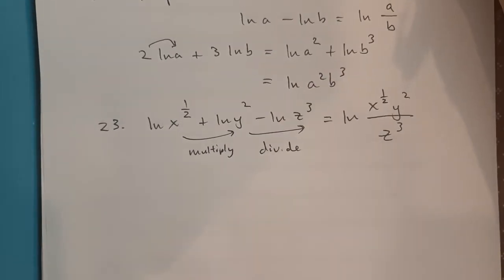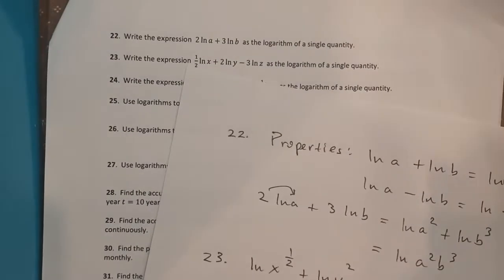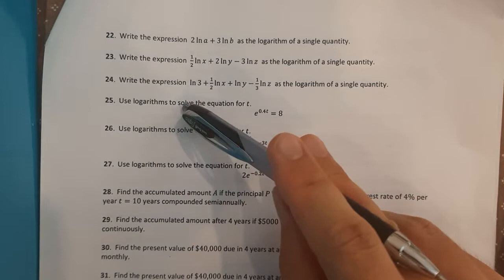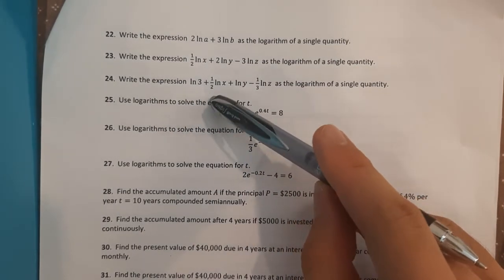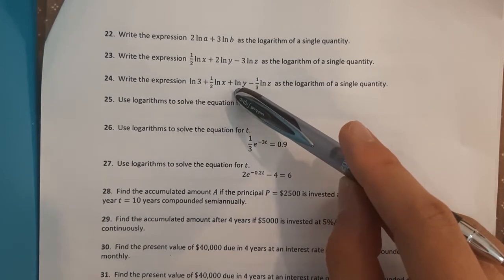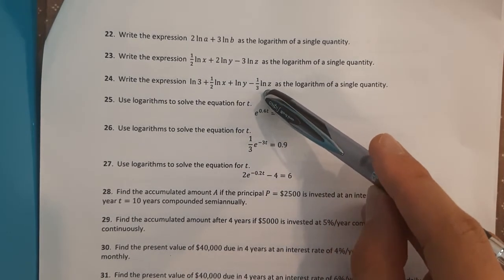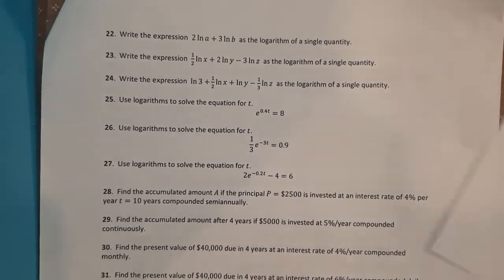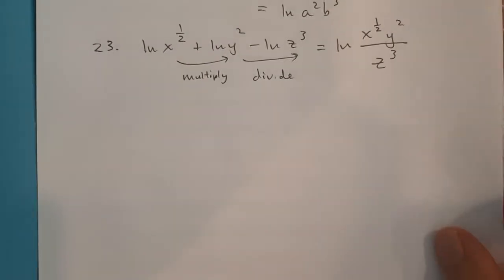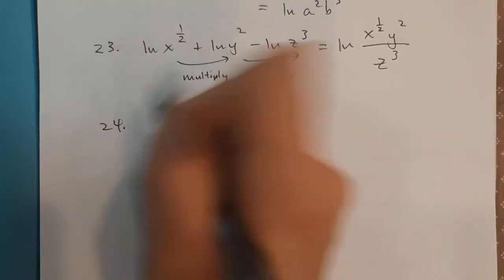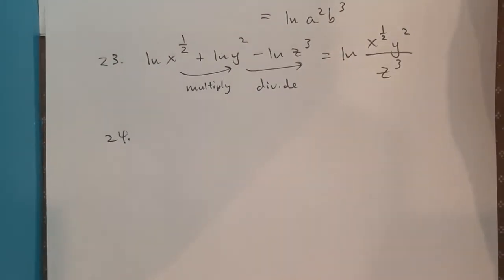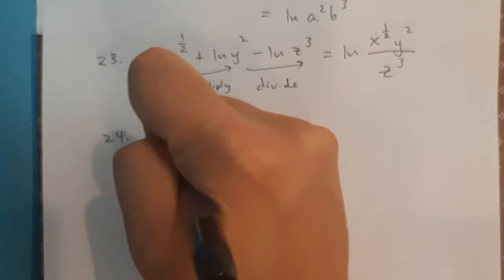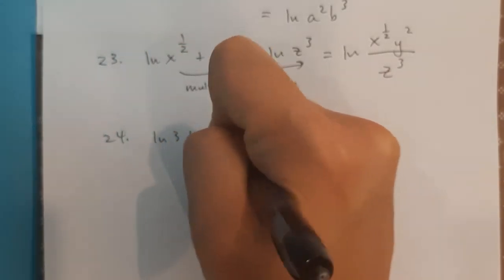Then in question 24, it says to write the expression ln 3 plus 1/2 ln x plus ln y minus 1/3 ln z as a logarithm of a single quantity. So here we will take ln 3 plus ln x to the 1/2.